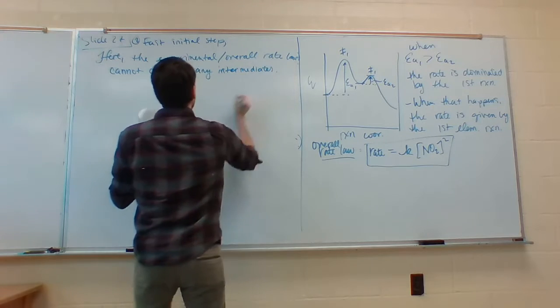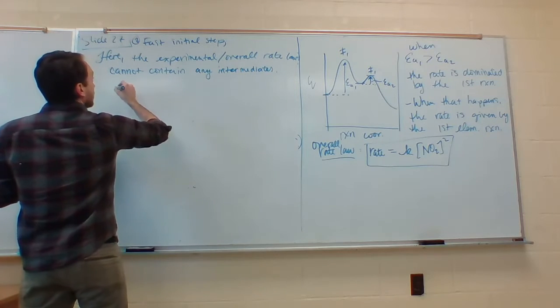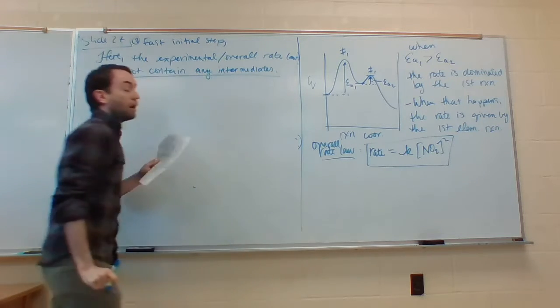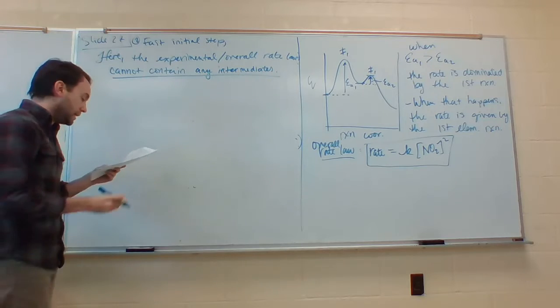This is very important. So if we have a fast initial step, our rate law cannot contain any intermediates.